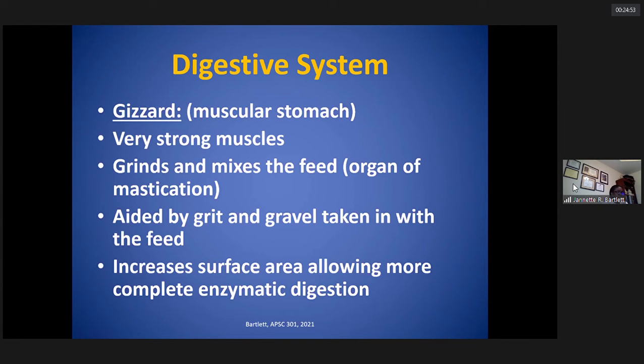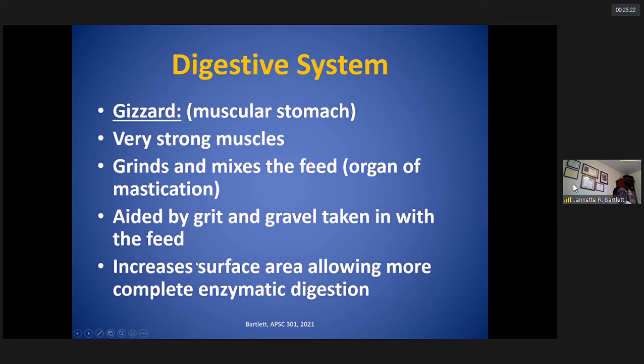Especially those that are free range, when they're eating off the ground, they pick up all kinds of dirt and any grainy stuff on the ground, any kind of grit, or gravel if it is there, and they take it in with the food. When all this gets to the gizzard, the grit and gravel they eat along with the food helps the muscles of the gizzard to also grind up the food.